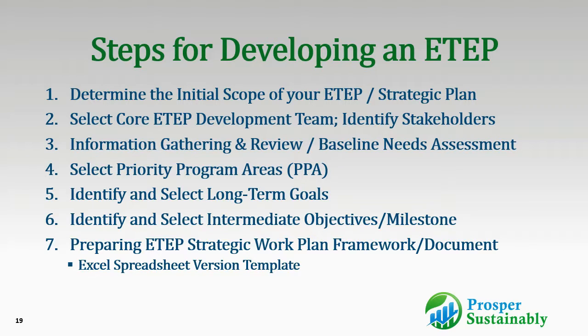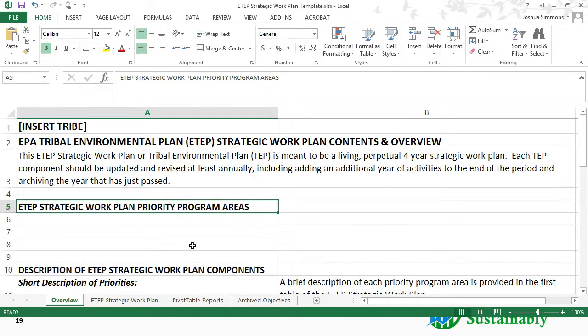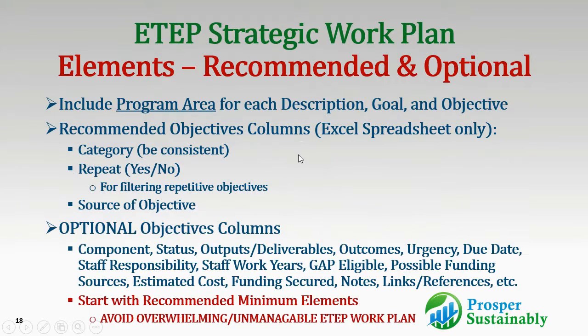Okay, so let me find this template. All right, so here's a blank template. I'm not going to walk through the blank template. I'm going to walk through an example template that's been filled out. But the main thing is, going back to the presentation, the required elements.